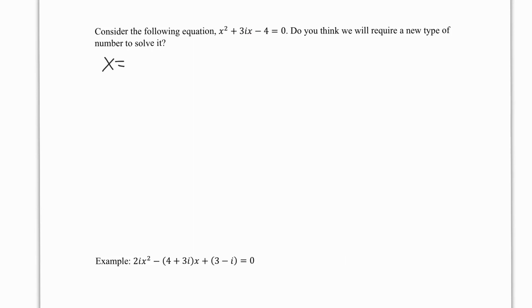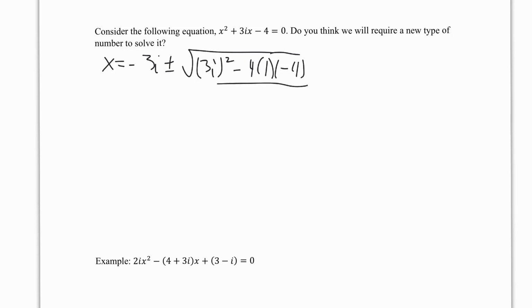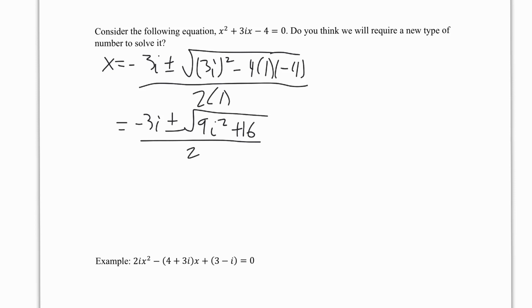So x equals negative 3i plus or minus the square root of 3i squared minus 4ac, all over 2a. So negative 3i plus or minus the square root of 9i squared plus 16, over 2.